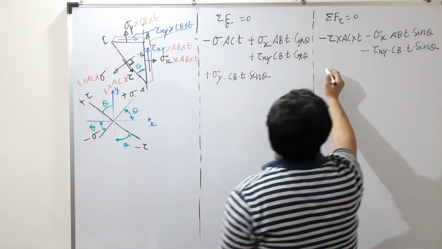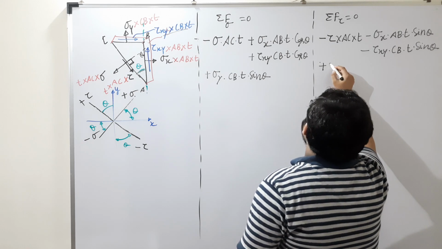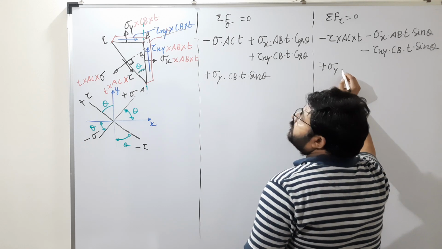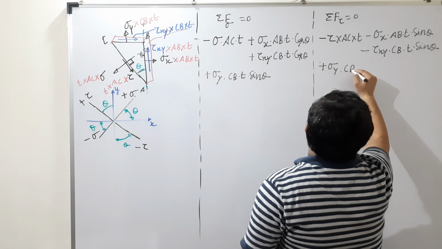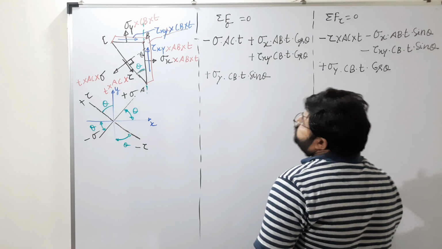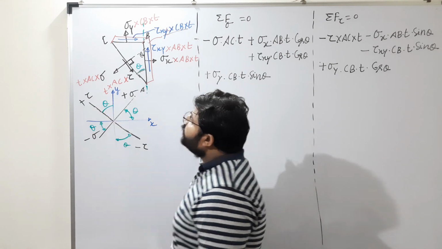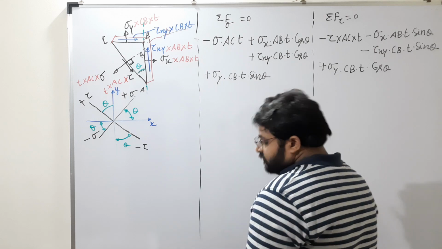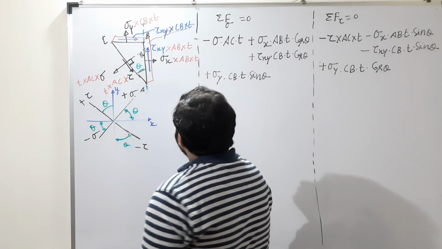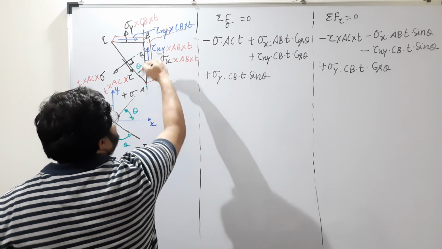Now in the same manner we'll write here, this will also be positive sigma y CB t, and this will be cos theta. This component along tau will be cos, this component along sigma will be sine. Done. Exactly in the same manner we will get the component of this tau xy, because it is also vertical.